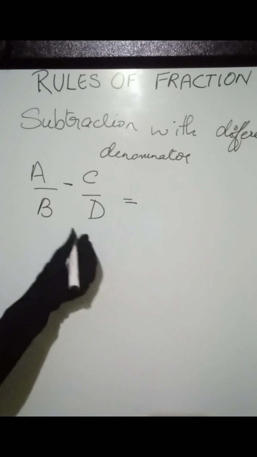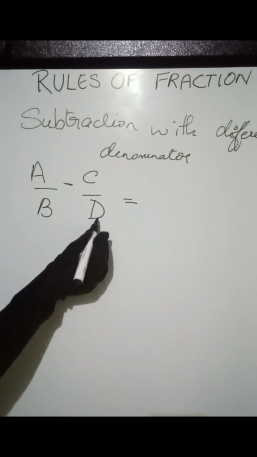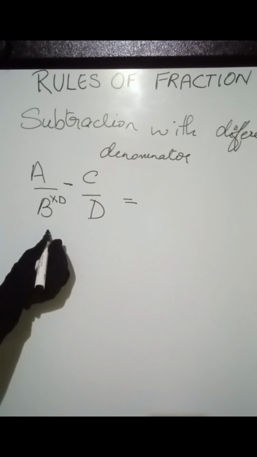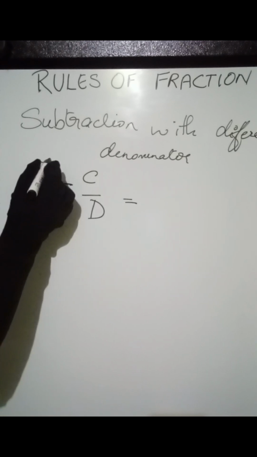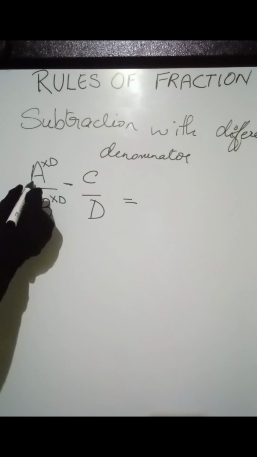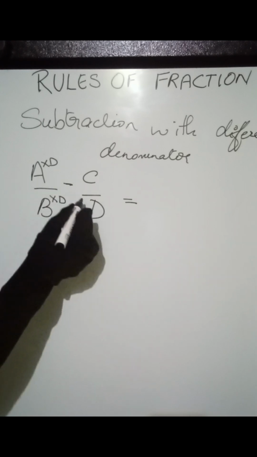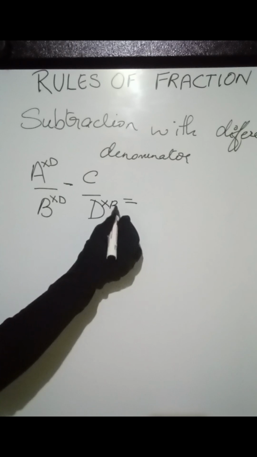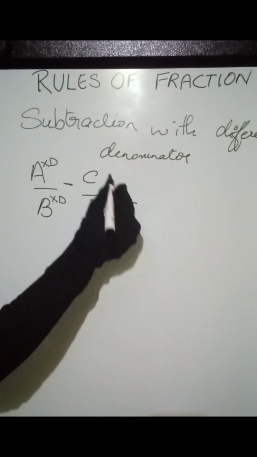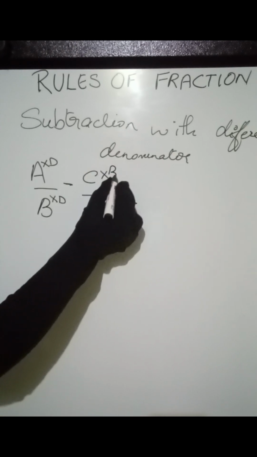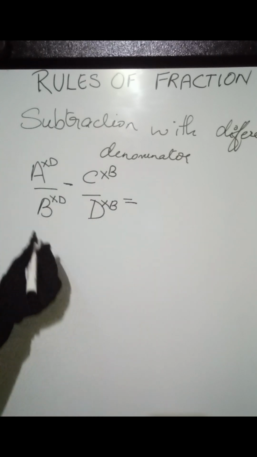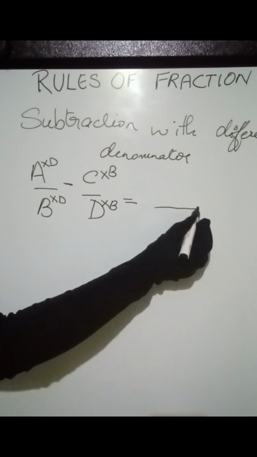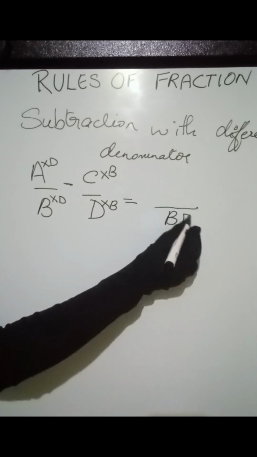So for this, you have to multiply this B with D at the denominator and D multiplied at the numerator with A. Similarly, here with D, you multiply with B in the denominator and then you multiply B at the numerator. Because of this, you're making the denominator common, which is nothing but BD.